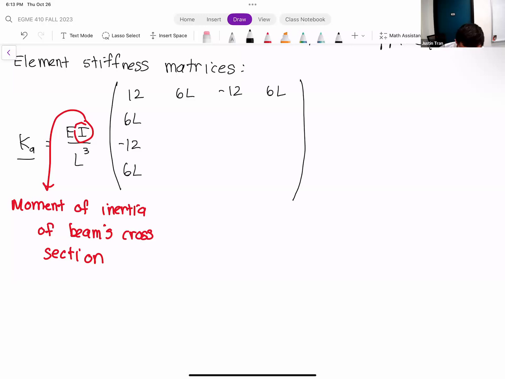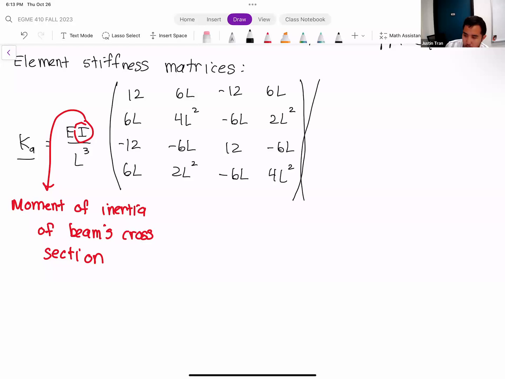Second row is going to be 4L squared, minus 6L, 2L squared. We're going to do the same thing, write that into the second column. Third row is 12, and minus 6L, minus 6L. And in the bottom right, we have a 4L squared.